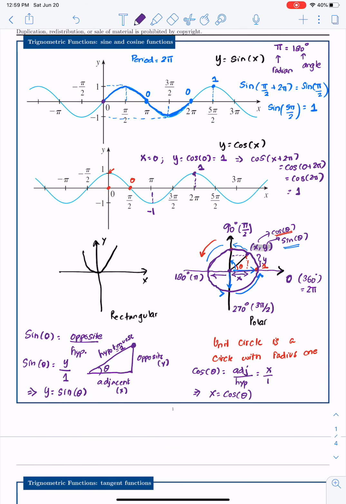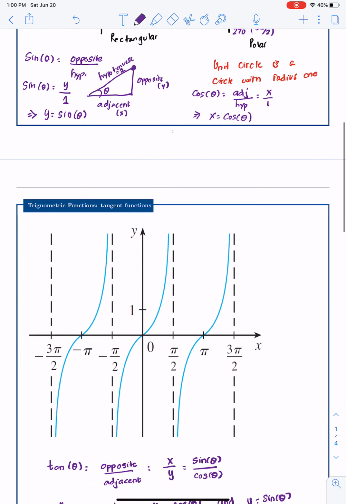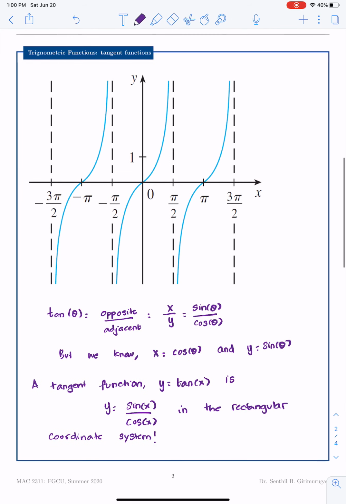So we know that cosine will become 0 at pi over 2, 3 pi over 2, 5 pi over 2, and so forth. In other words, the denominator is going to become 0 in a tangent function. So anytime cosine becomes 0, then we have a problem because we are going to divide the sine function by 0.